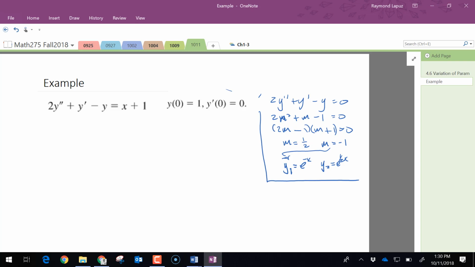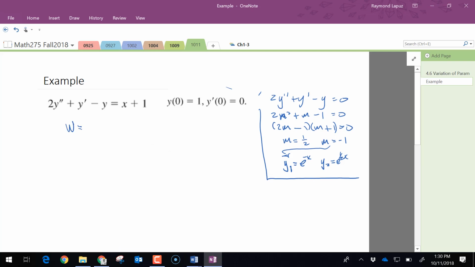All right, step two, this is where the Wronskian starts. W is equal to, these are our functions, e to the negative x, e to the 1/2 x. And so we just get some extra constants here. I get a negative sign, and we got a 1/2 e to the 1/2 x. So when we multiply this, we start off with a 1/2 e to the, now I have 1/2 minus 1, so that's negative 1/2, right?